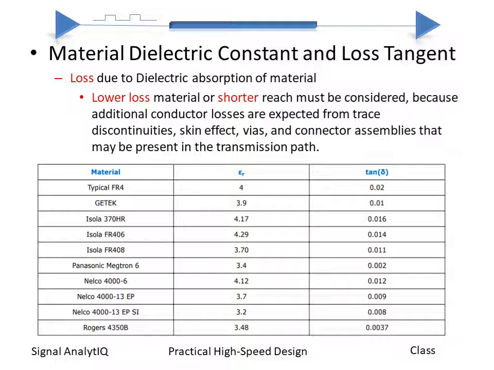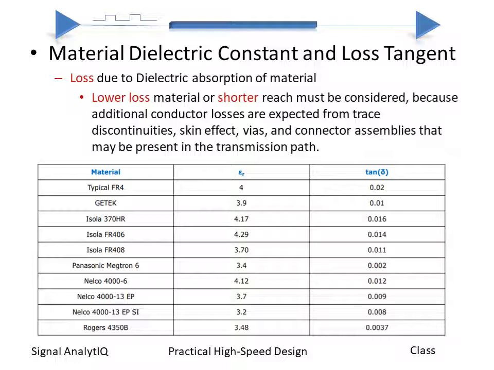So what you have to target is you should select a low loss material, or you have to go for a shorter reach or shorter traces, because additional conductor losses are expected from trace discontinuities and skin effects, vias, and connector assemblies that may be present in the transmission path.